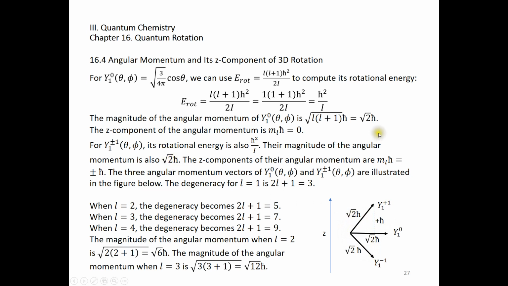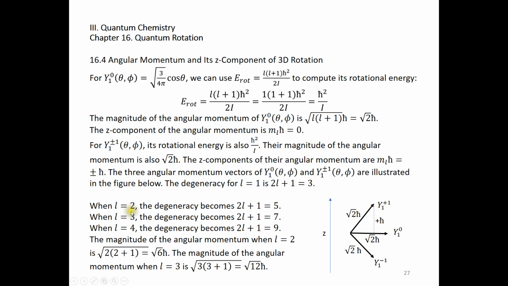So over here, we know that. But they have different z components. Their z components are 0, minus h bar, plus h bar. They correspond to m sub L being 0, minus 1, or plus 1.